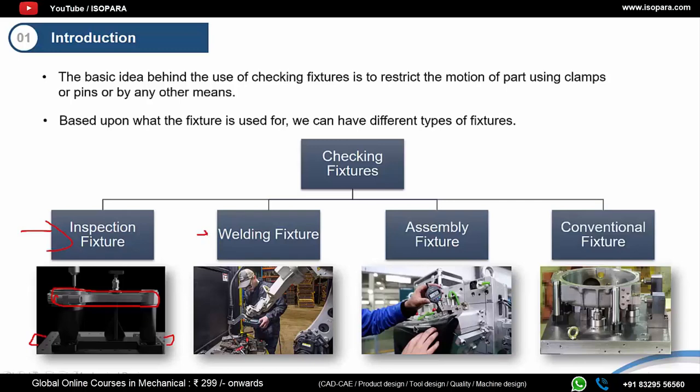An assembly fixture is basically to check any part for the assembly purpose, so that it fits in a specified location or not. Then we have the conventional fixture, which consists of all the fixtures that are not included in these three, that is inspection, welding and assembly. Or you can say these conventional fixtures are used for machining purposes or removing of material. We will be discussing these three now.